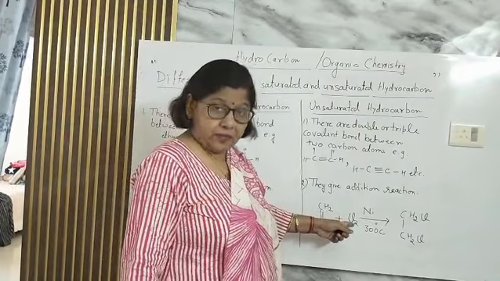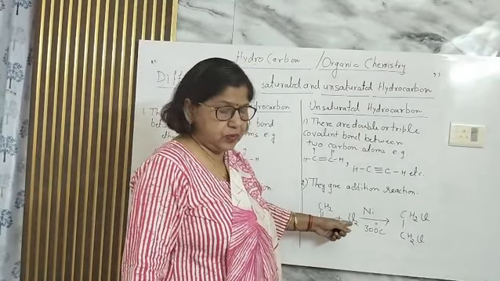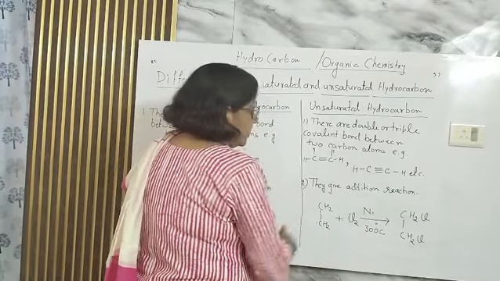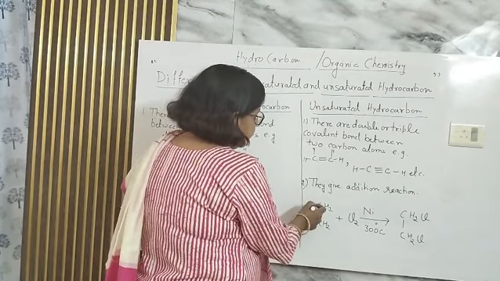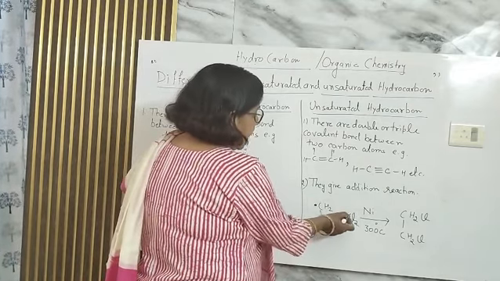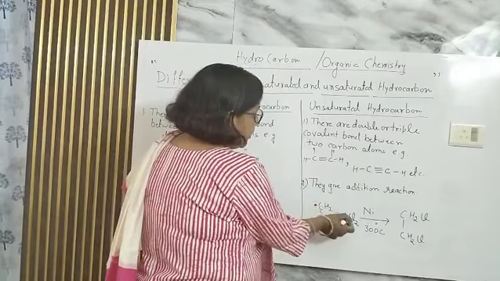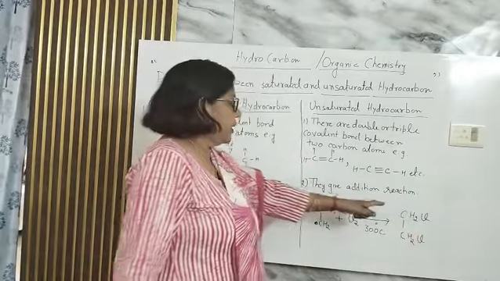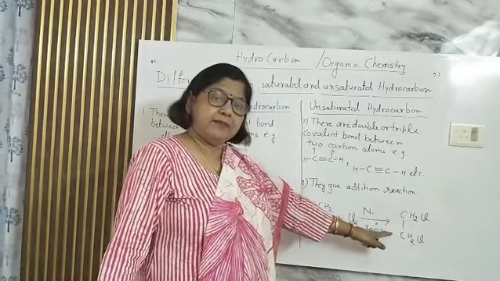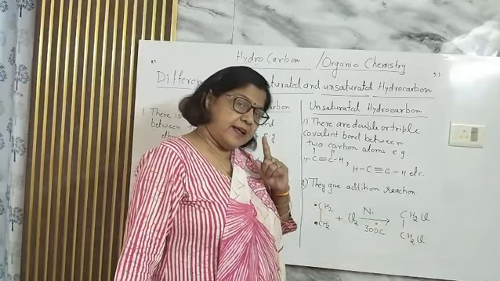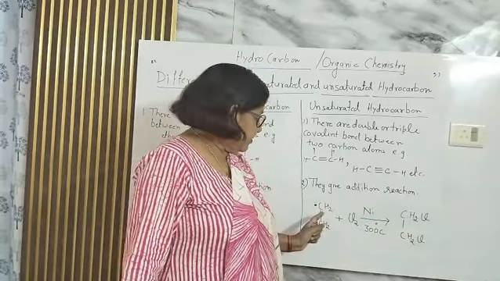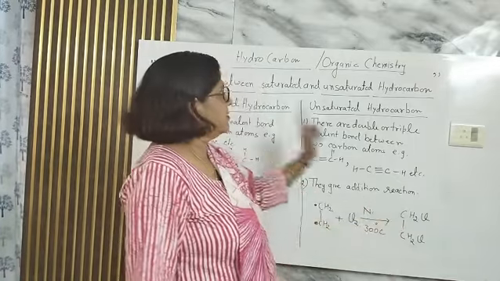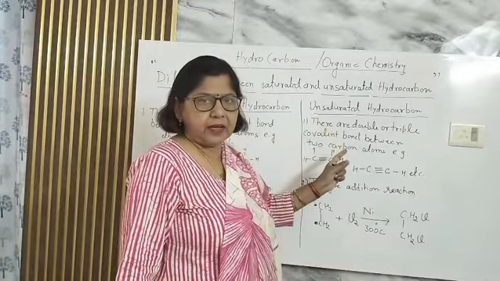Now when there is availability of Cl2, the double bond is removed, and the free electrons which were there before are occupied by the chlorine atoms. As a result, both chlorine atoms are joined to the two carbon atoms, but the double bond disappears. There is no double bond over here. So this is the difference between saturated and unsaturated hydrocarbons.